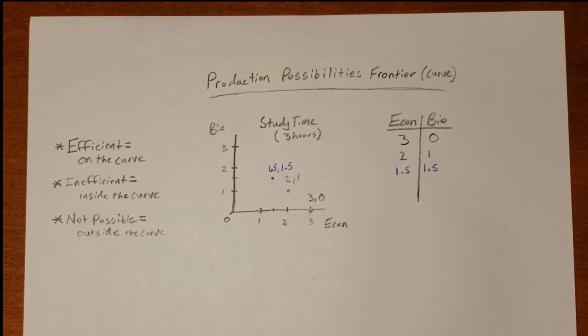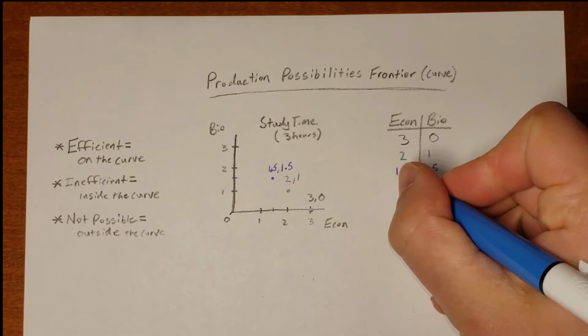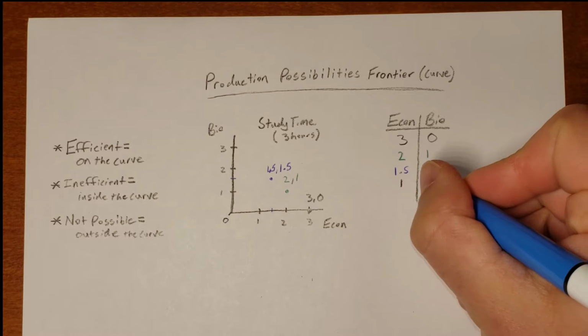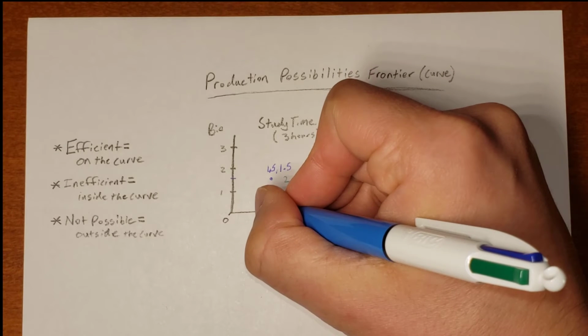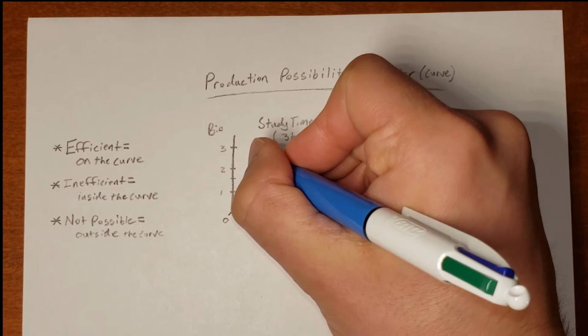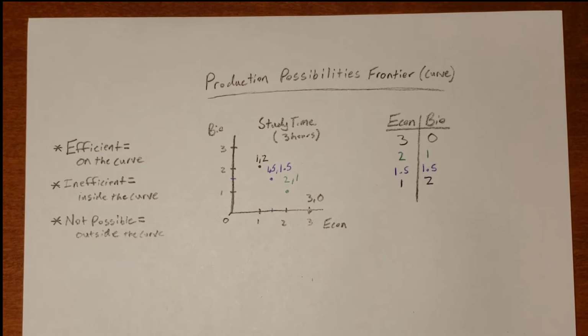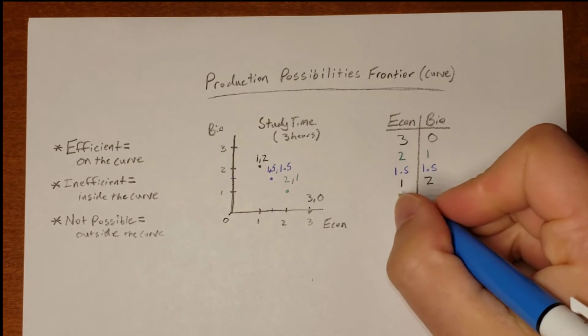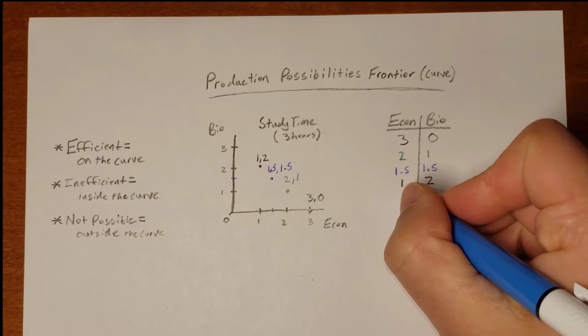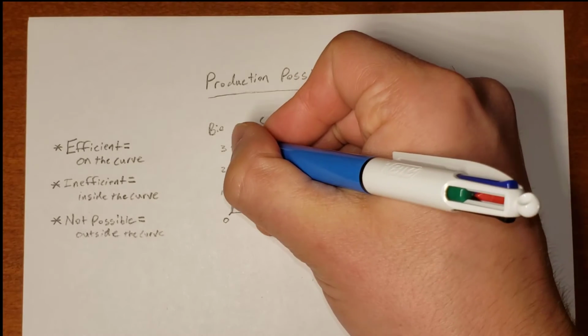Another combination that we might imagine would be to study only 1 hour of economics and 2 hours of biology. So here we're going to be at 1 for economics and 2 for biology. So 1 and 2. And the last combination that we might imagine would be, we'll go ahead and put this with green, is no economics and 3 hours of biology.